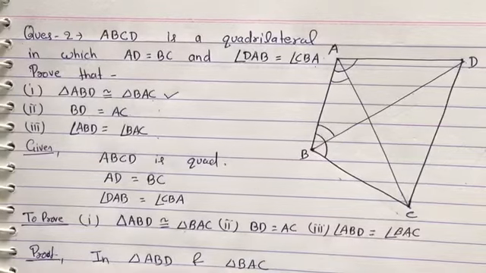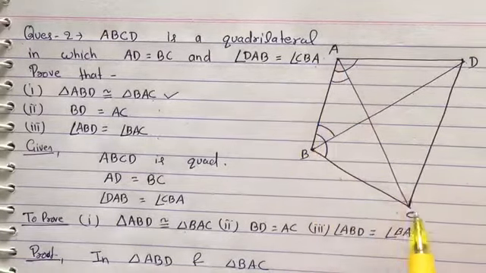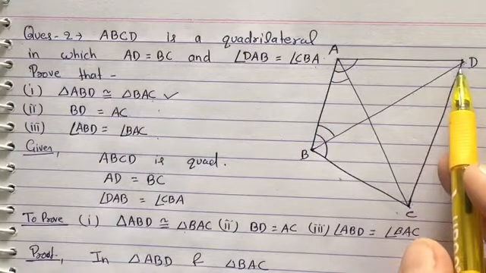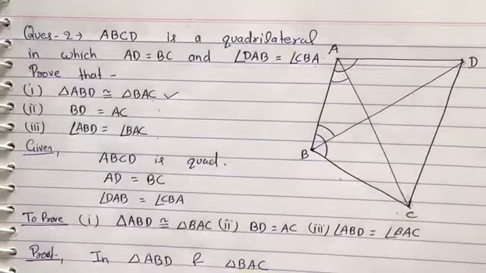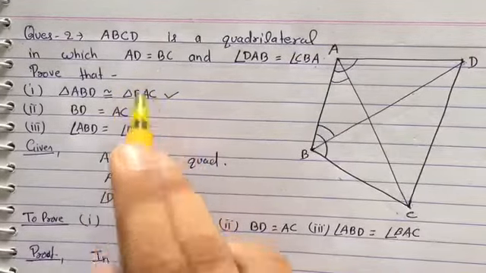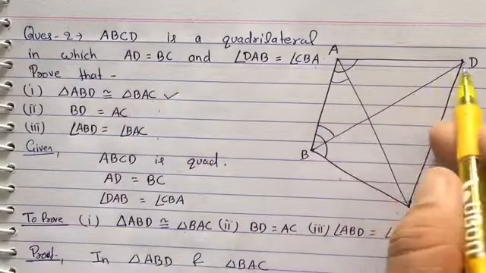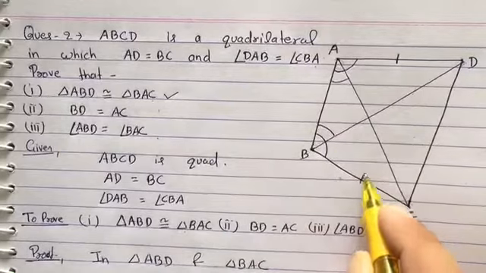Now look at the figure. This is quadrilateral ABCD. Here diagonals AC and BD are both joined. The question is saying AD is equal to BC. This AD is equal to this BC.